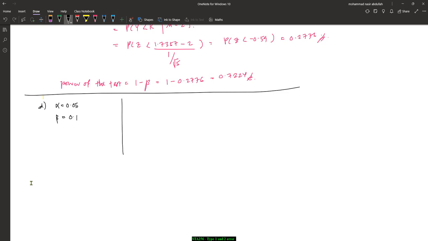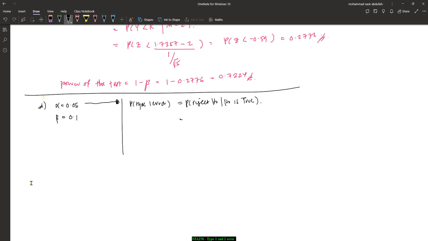So probably kita tengok dekat the first one dulu, right? We look at the first one, probability of type 1 error, right? Probability of reject null hypothesis when null hypothesis is true.